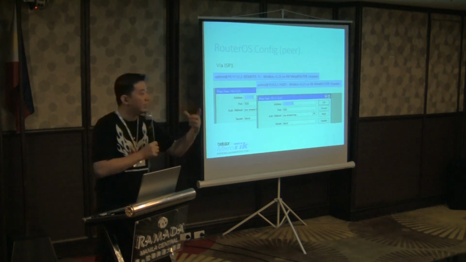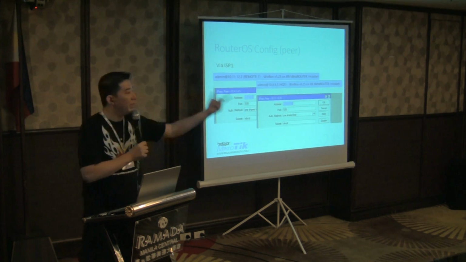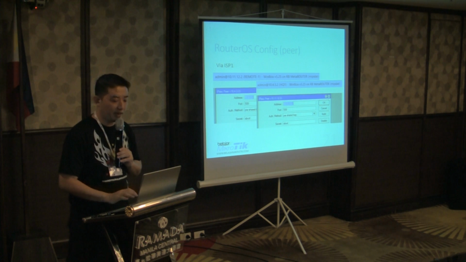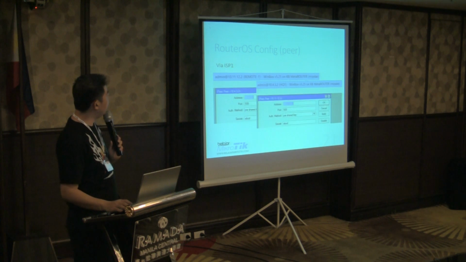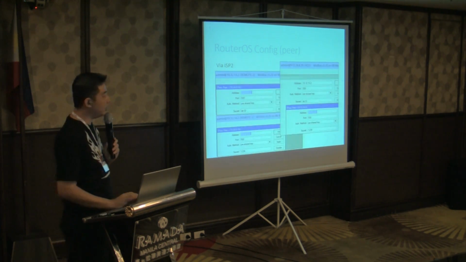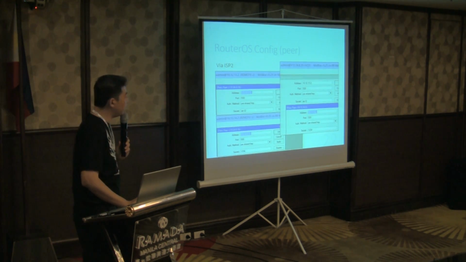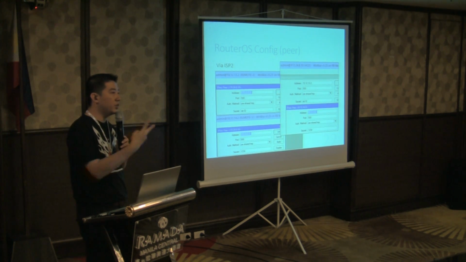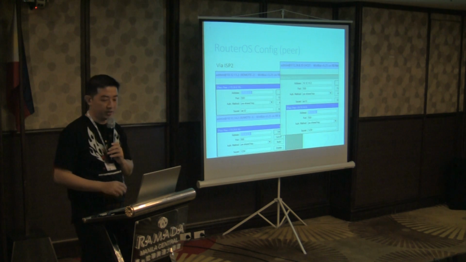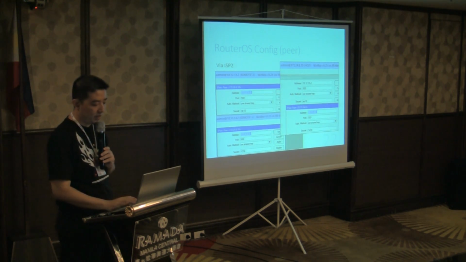I put your IP on my site, you put my IP on your site. This is the peer configuration. Via ISP number 1 there is only 1 client, and via ISP number 2 there are 2 clients. In my headquarters, I need to create 2 peers.